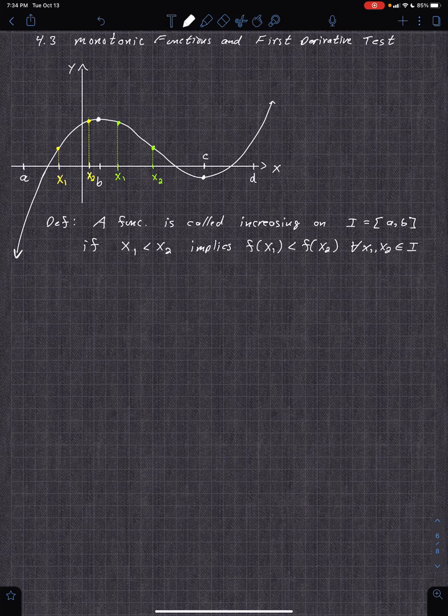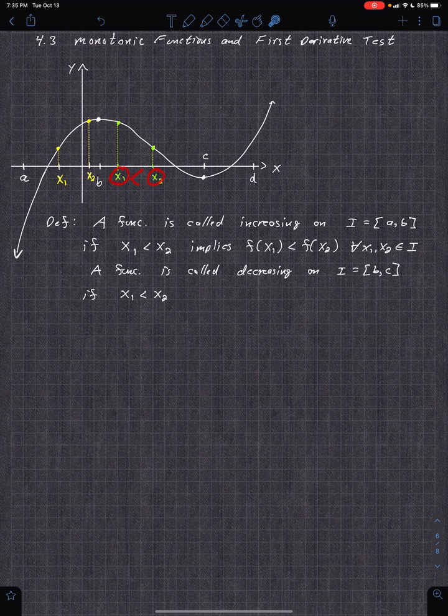Okay, and then similarly, a function is called decreasing on an interval I. And let's just pick this interval that actually works up above, b to c. And this is still the same, x1 less than x2. You're still doing x1 is less than x2.